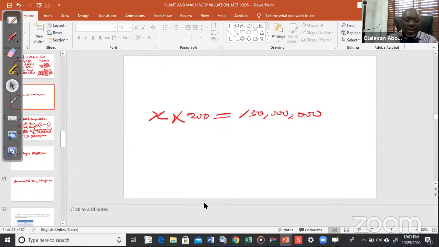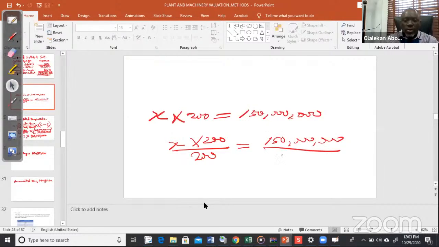So we make X the subject of the formula: X multiplied by 200 divided by 200 is equal to 150 million divided by 200. The 200s cancel out. You now have X equal to 150 million divided by 200, which gives us 750,000. That is, $750,000.